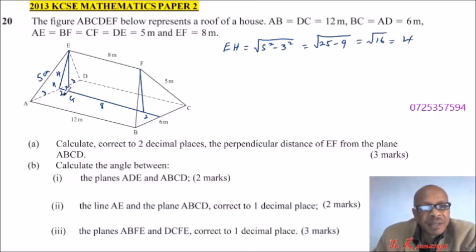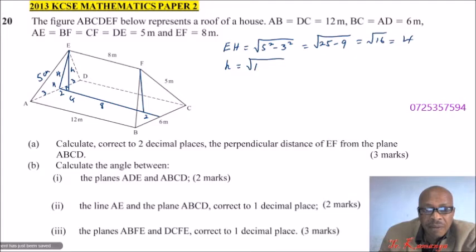If this side is 4 and this is 2, then the height that we are looking for is, this is a right angle, the square root of 4 squared minus 2 squared.